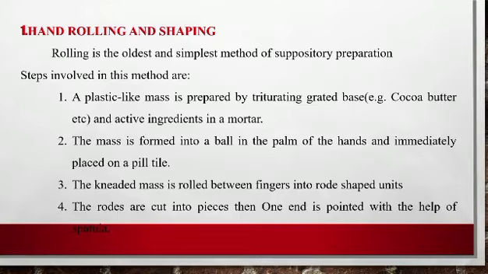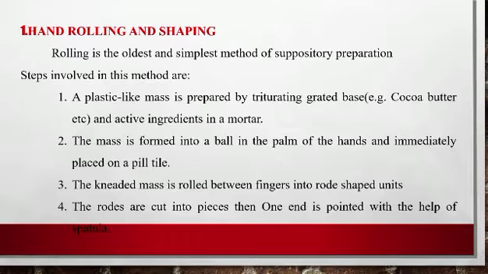Hand rolling and shaping is one of the oldest and simplest methods of suppository preparation. In this method, first we have to make a mass. A plastic-like mass is prepared by triturating the base along with the active ingredient in a mortar and pestle.